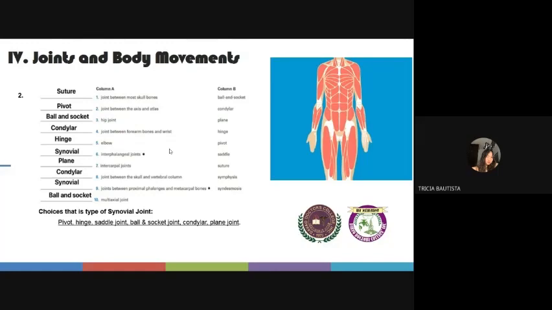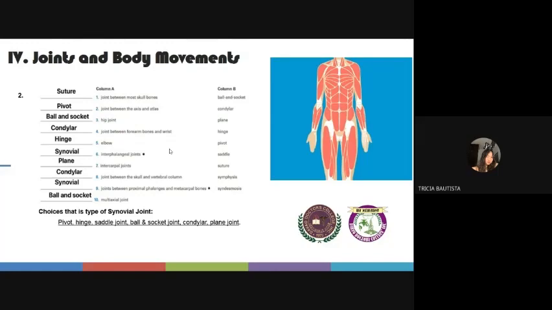It is the plane joint. 8, joint between the skull and vertebral column, which is also known as condylar. Number 9, joints between proximal phalanges and metacarpal bones, which is synovial. And lastly, multi-axial joint, which is the ball and socket.